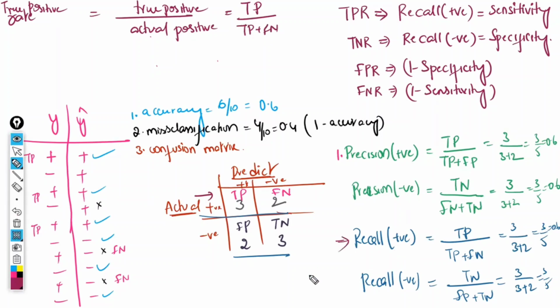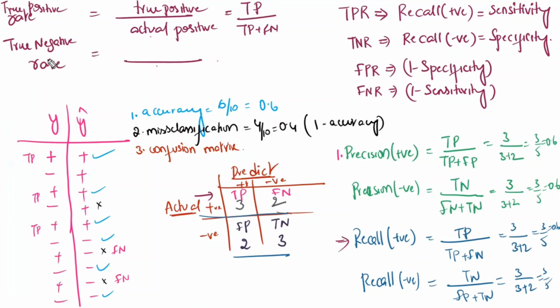Both are the same. Similarly, if you go with the true negative rate, negative rate means you want it with respect to actual negatives. You have to write actual negatives in the denominator.